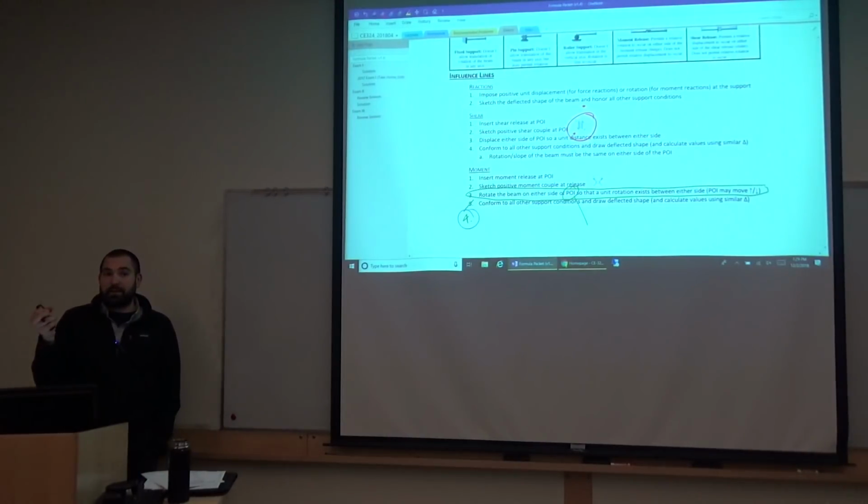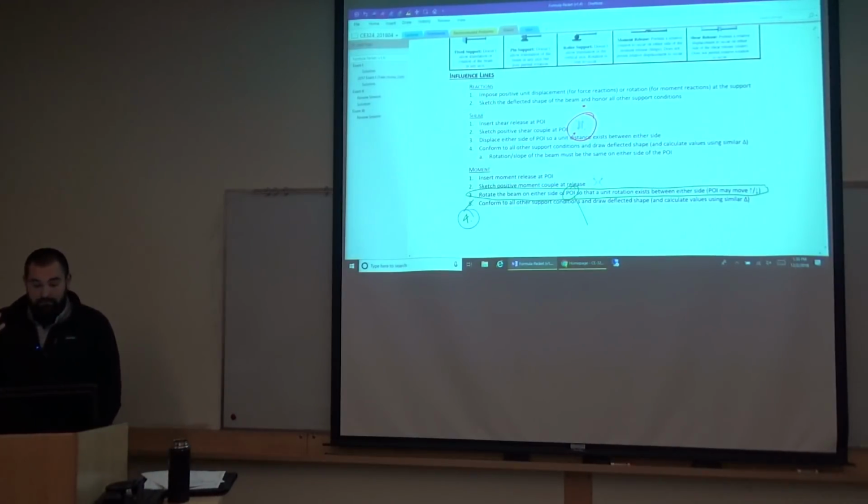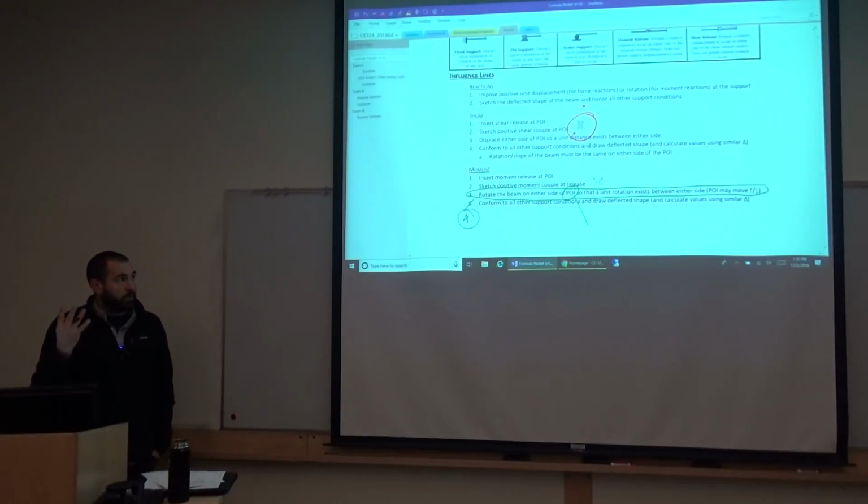Influence lines, we talked about it: you do it qualitatively, you do your similar triangles to find your numbers, then you do one section cut with a point load at a specific location. You can check your work right away. And also with virtual work, there's the graphical method of integration and the integral form of integration as well. You can check your work that way too. So stuff like that means a lot.